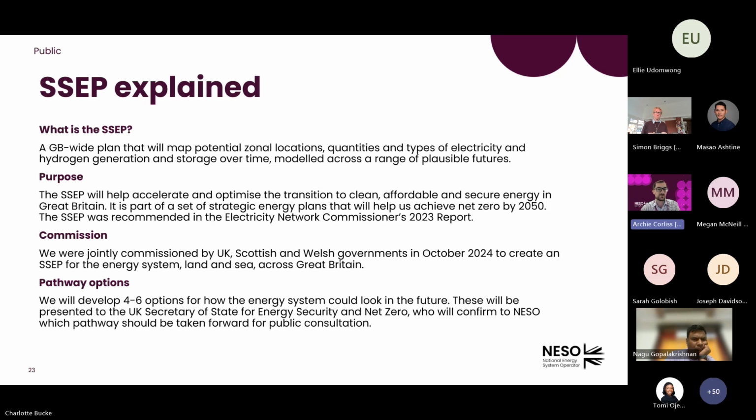So we've got 17 different zones that are being modelled within the SSEP in terms of economic modelling zones, trying to understand the optimal combination of infrastructure and supply for all of these different technology types, and look out between 2030 and 2050 to deliver an overall spatial blueprint that we can then refine in a little bit more detail as part of the CSNP.